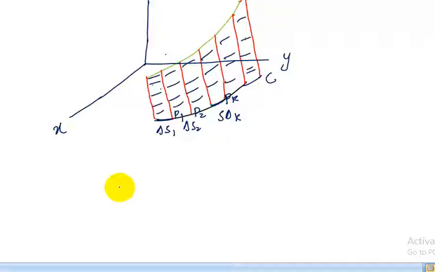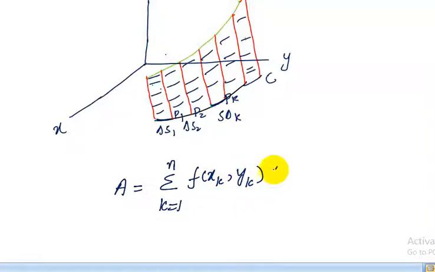This area can be written as summation k starting from 1 to n f of xk yk del sk. F of xk yk is the length of these lines. When we multiply this length by del sk, we find the area of a rectangle, first rectangle, similarly second and third. This is basically our approximate area.